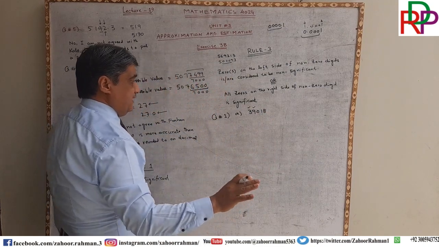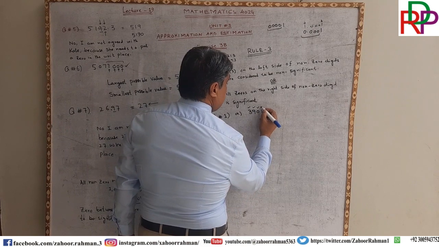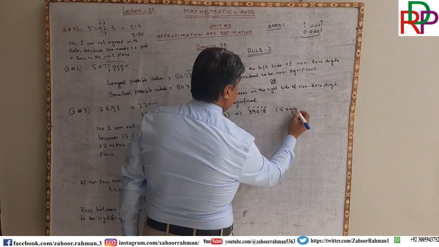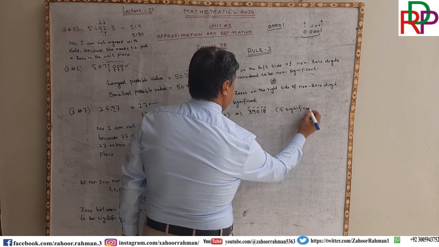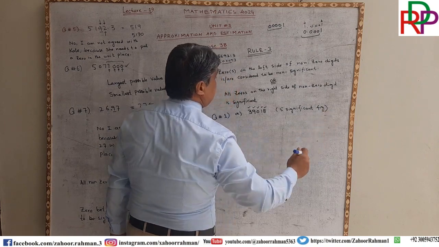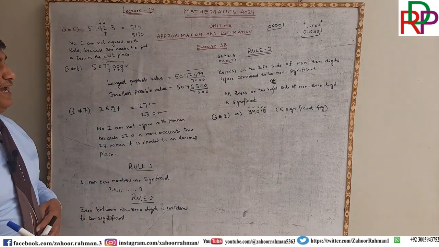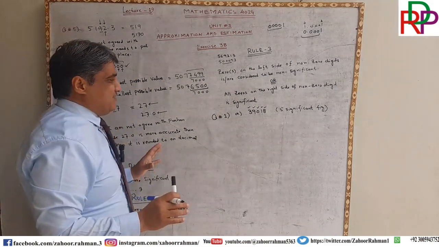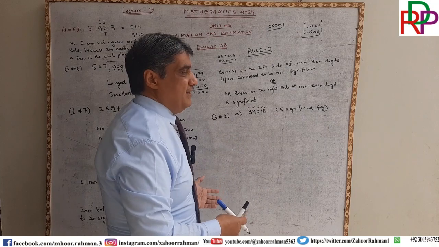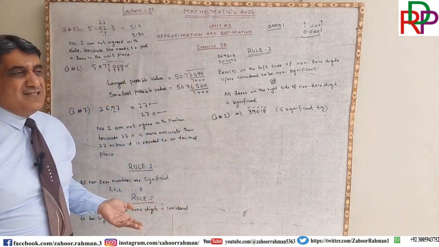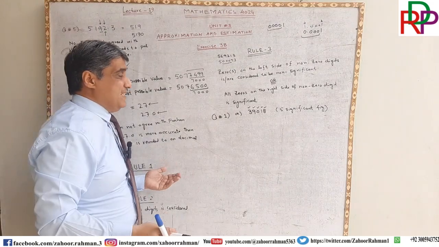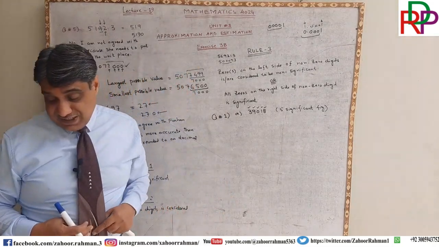So this is also significant. So 1, 2, 3, 4, 5. There are 5 significant figures. Ladies and gentlemen, you have to understand these things because in the subsequent chapters and in the rest of the course, they will tell you to give your answer to 3 significant figures, to 2 significant figures, to 1 significant figure. First, you have to understand what significant figures are. So we discussed the rule.